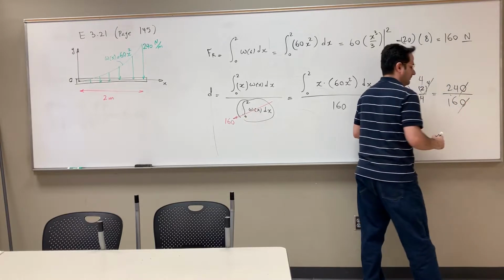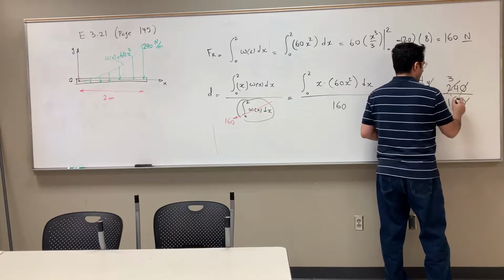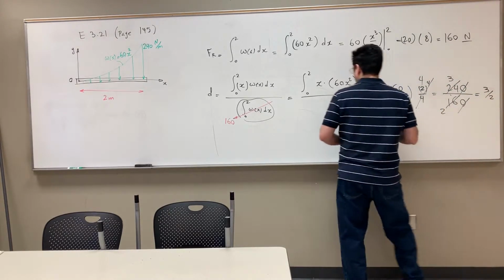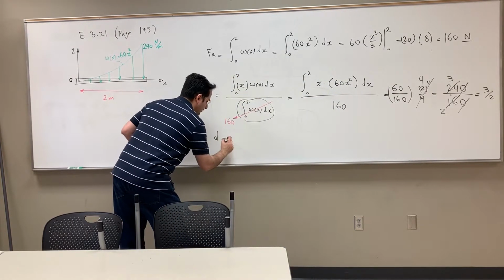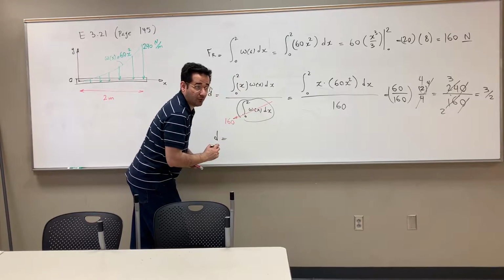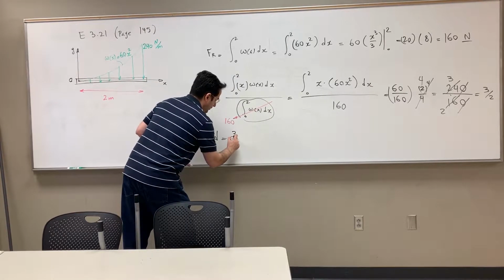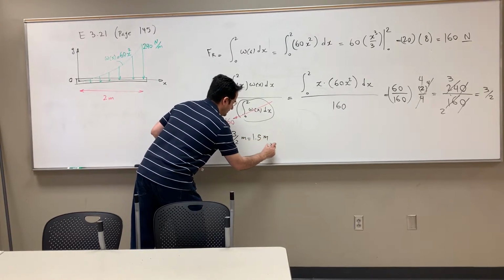Zero goes with zero, and then you simplify it with 8. This is going to give you 3 over 2. So the distance from 0 at which the resultant force acts is 3/2 meter, or 1.5 meter.